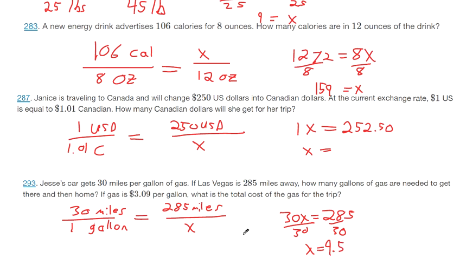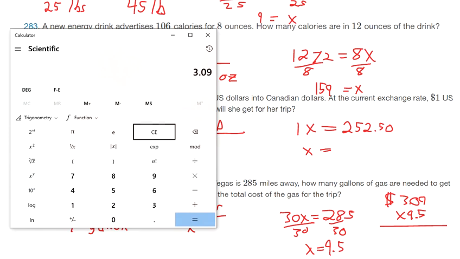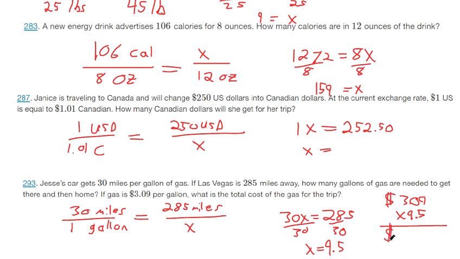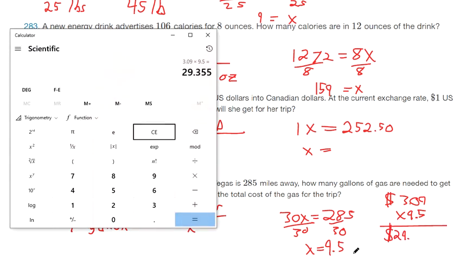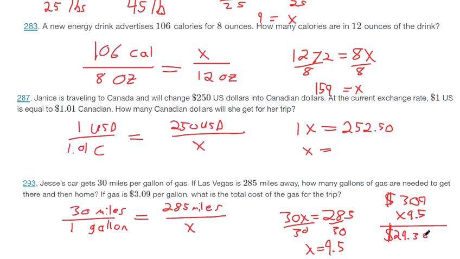And then they have a follow-up question. If gas is $3.09 per gallon, then our cost for this trip is $3.09 times each gallon of gas. So it makes $29.36 if we round to the nearest cent.